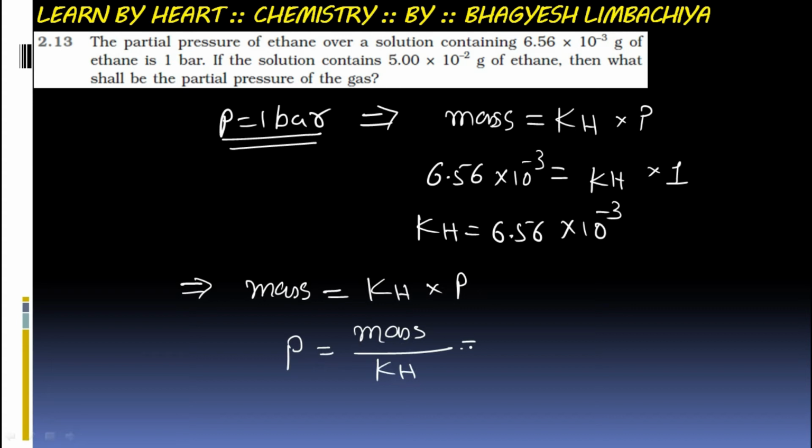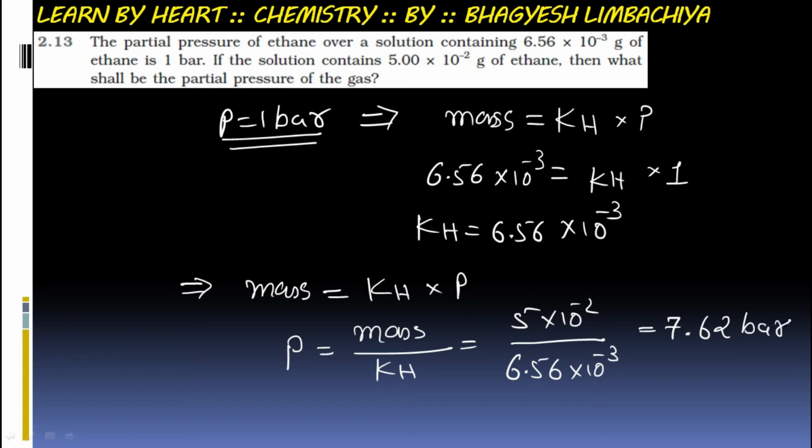Mass is given as 5 into 10 raised to minus 2, and KH for any gas is always constant, and that is calculated by us. So by division we will get the value 7.62 bar.